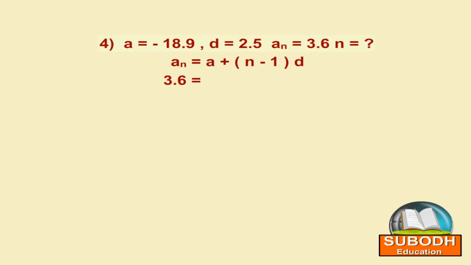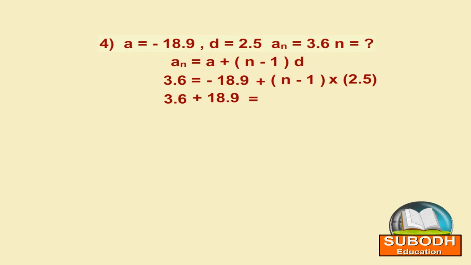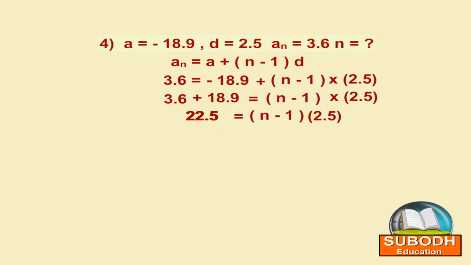3.6 is equal to minus 18.9 plus (n minus 1) into 2.5. Transferring minus 18.9, we get plus 18.9. Addition: 22.5 is equal to (n minus 1) into 2.5.